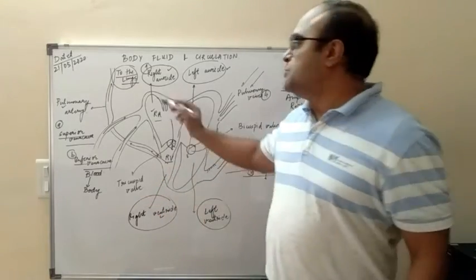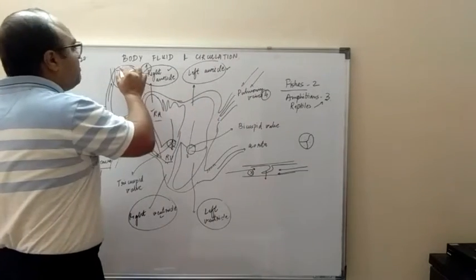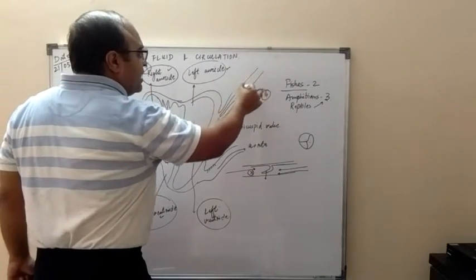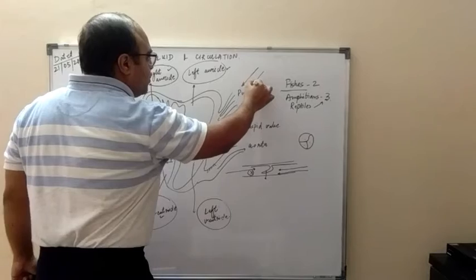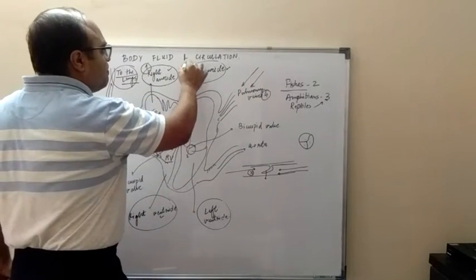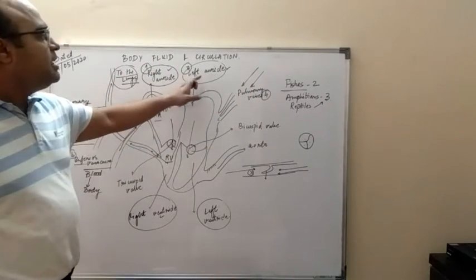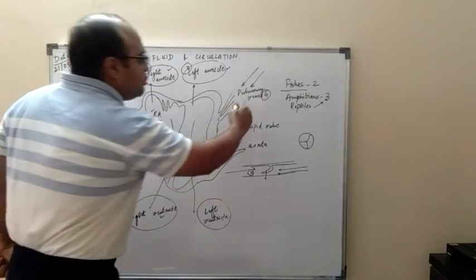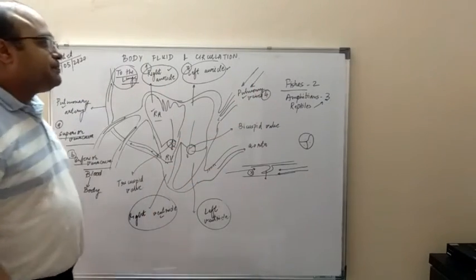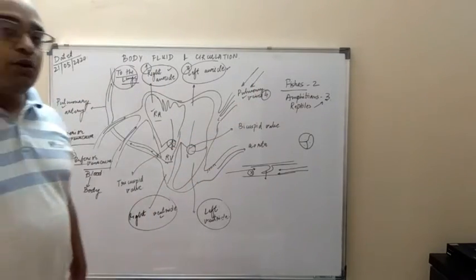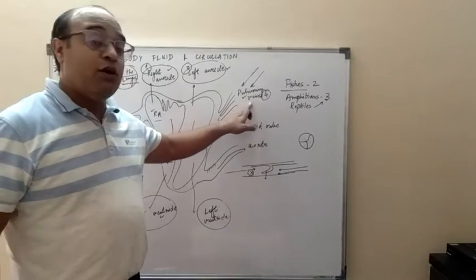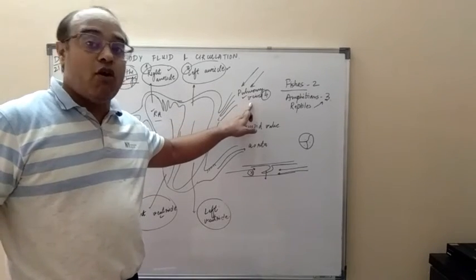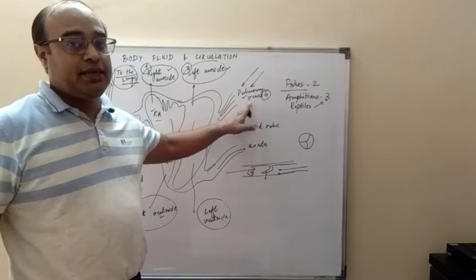Okay, so the oxygenated blood from the lungs is carried to the third part, which is known as the left auricle, through pulmonary veins. Now pulmonary veins are the only veins which carry oxygenated blood in the body.